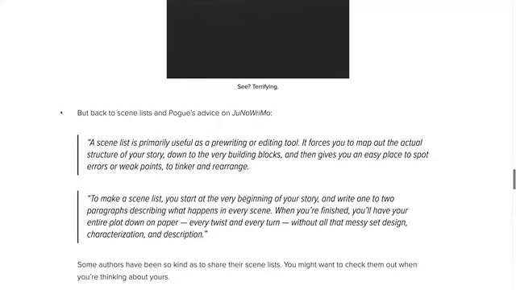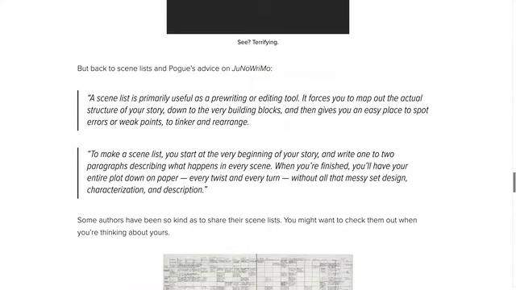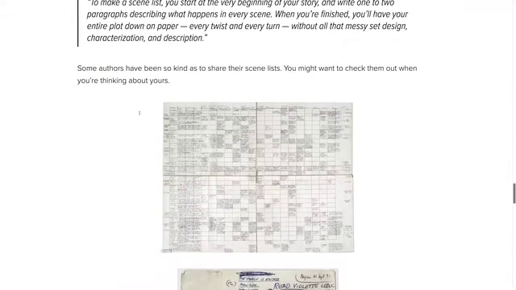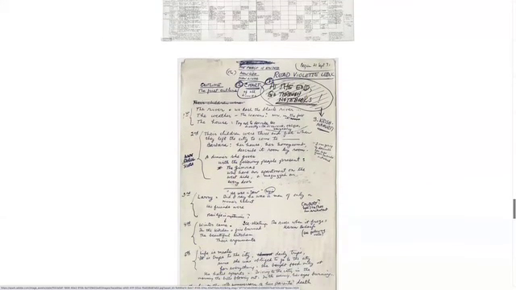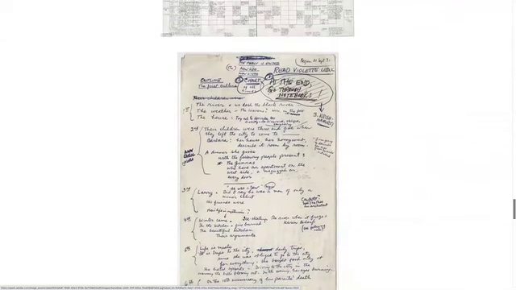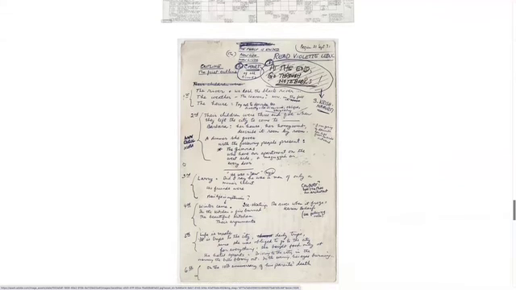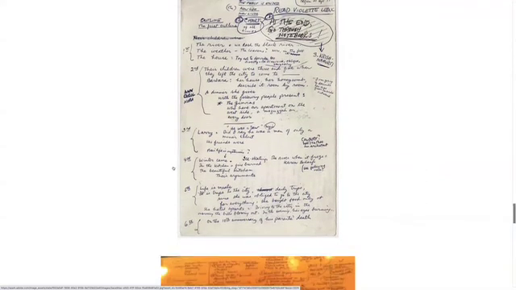Some authors have been so kind as to share their scene lists, or they're dead and their relatives have shared them. So you might want to check them out when you're thinking about yours. Here is a monstrous one. Here is something that looks like what I would do. It's like, the feast is ended. Read Violette Leduc. At the end, go through my notebooks. And then we have this one, which is very orange and kind of hard to read because it's obviously behind a glass and somebody took a picture of it, and then it's blurry.